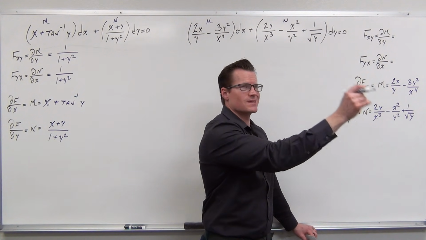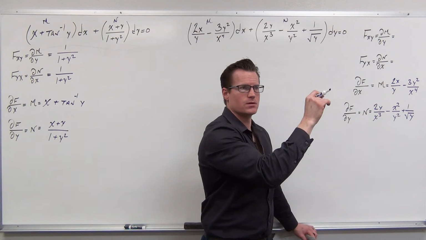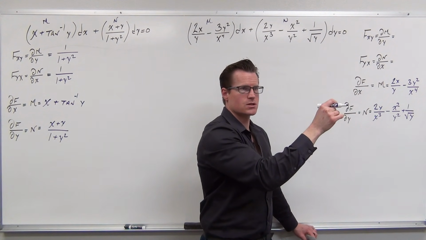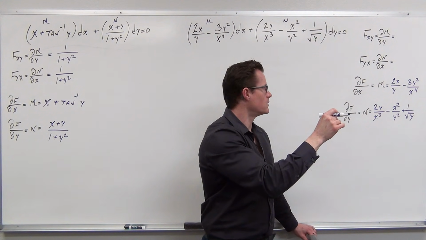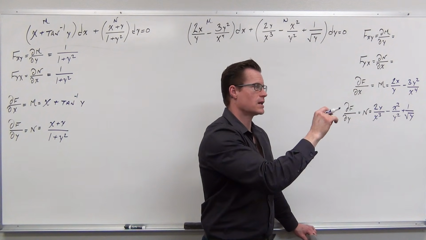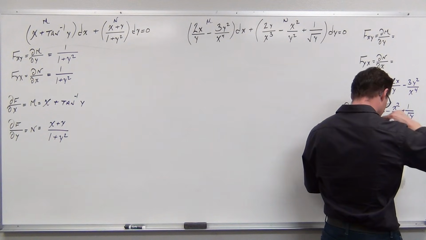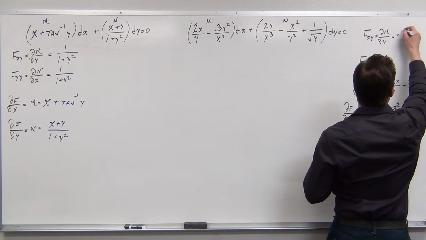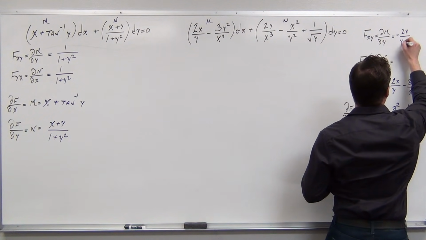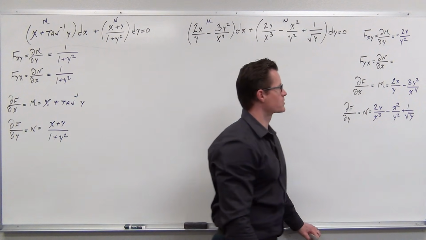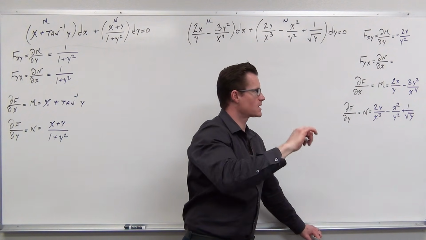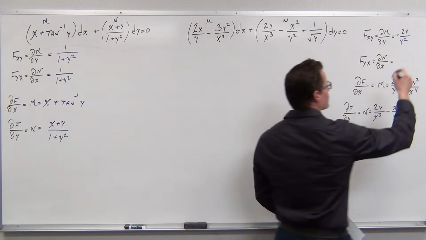The derivative would be negative 2x y to the negative 2, so negative 2x over y squared. That one's not bad. With respect to y, that would be negative 6y over x to the 4th.